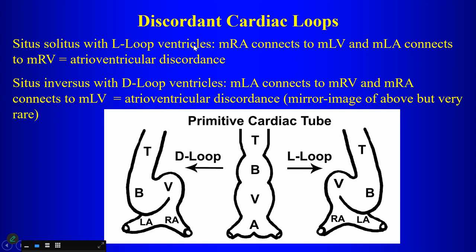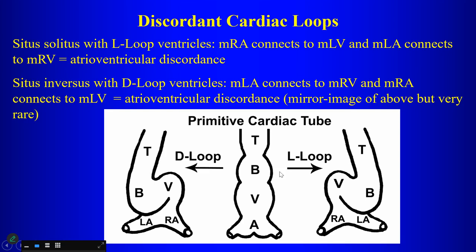Now, what are discordant cardiac loops? A discordant cardiac loop will form discordant atrioventricular connection. So what are examples of that? Well, let's start out with situs solitus. The right atrium is on the right, the left atrium is on the left. Normally, this should go a D loop.